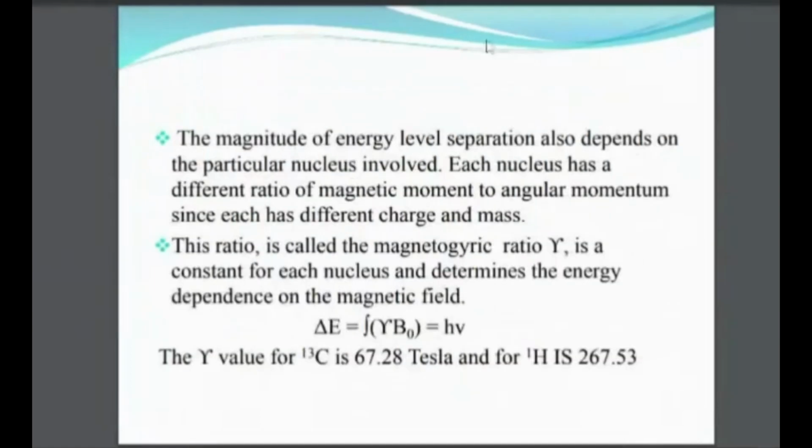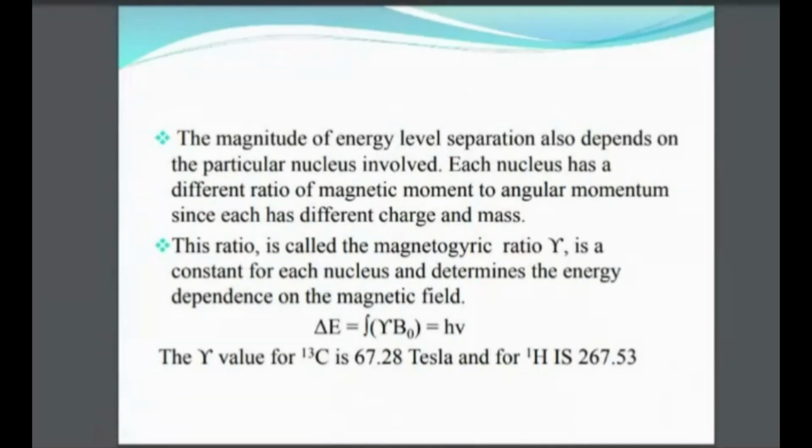Very good. The magnitude of energy level separation also depends on the particular nucleus involved. We need to consider the nature of the nucleus. So each nucleus has a different ratio of magnetic moment to angular momentum, since each has a different charge and mass. See, the size of the nucleus varies depending on the number of protons and neutrons in it.